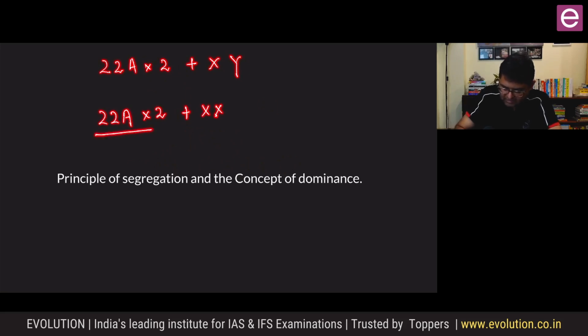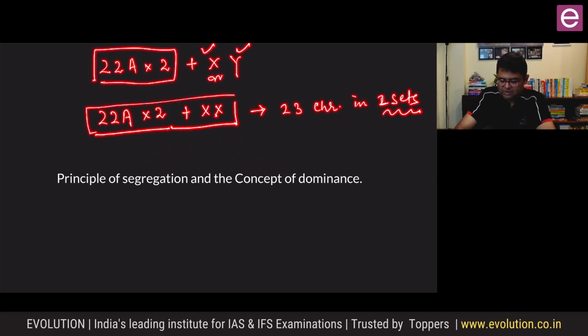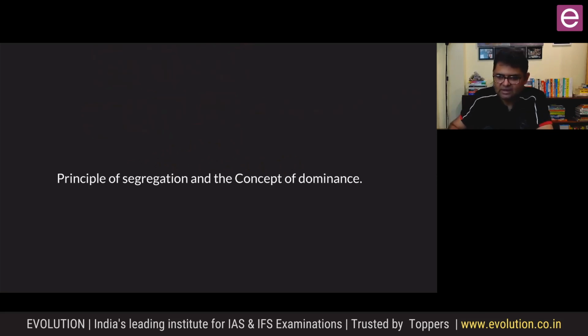So in mammalian females, you can say they have exactly 23 chromosomes in 2 sets, because even X is present in 2 copies. But in mammalian males, you have got 22 chromosomes in 2 sets, plus X and plus Y, because the genes which are present on X are not present on Y, and vice versa. So that's what I said, Kajal.